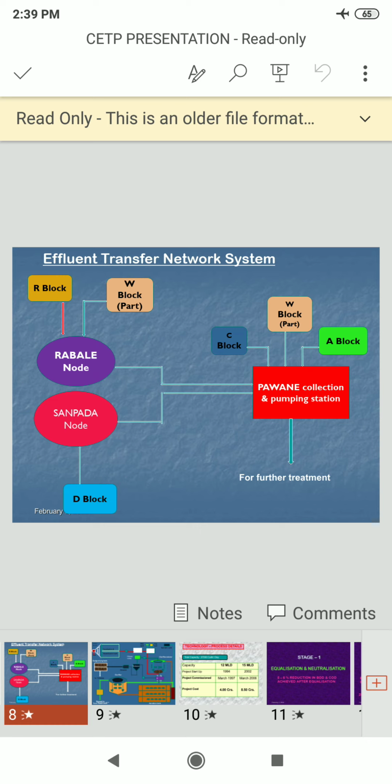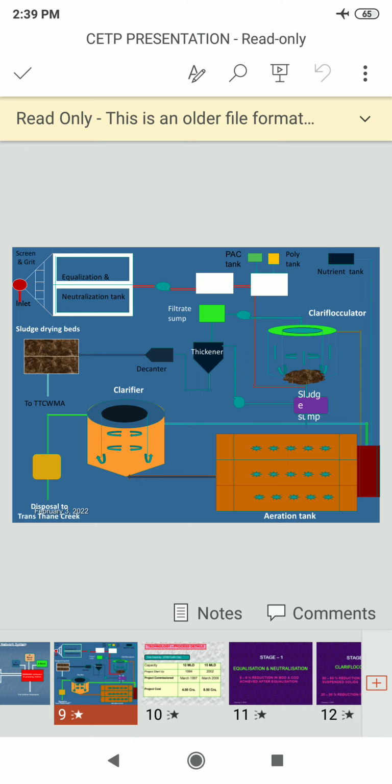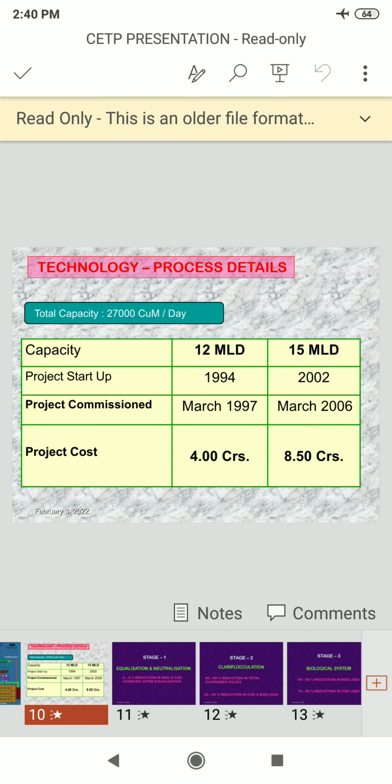So having a good quality effluent transfer network system is important in water treatment. This water treatment is mostly important. You can see this sketch given, with the disposable aeration, the sludge sump, clariflocculator, filter pump, etc. See, this effluent treatment is important.